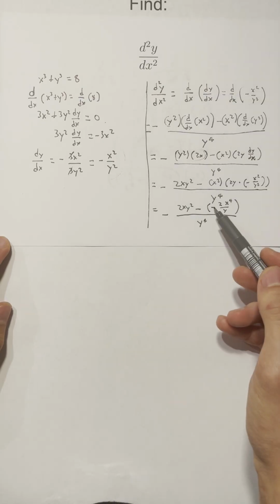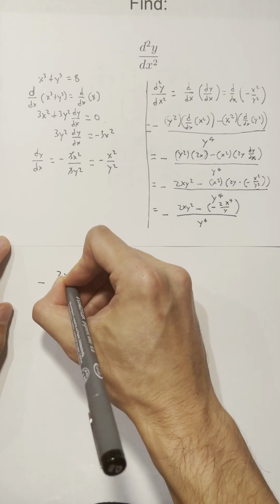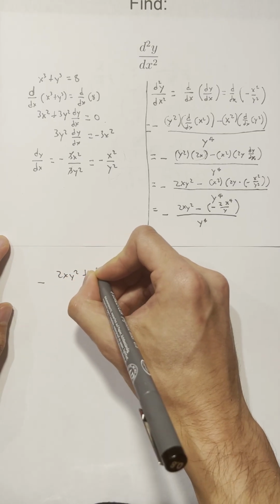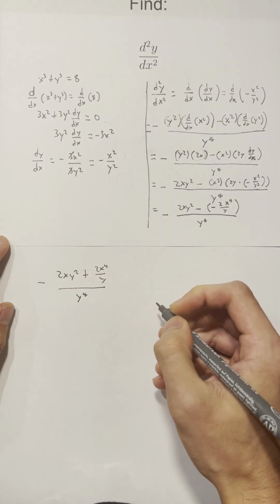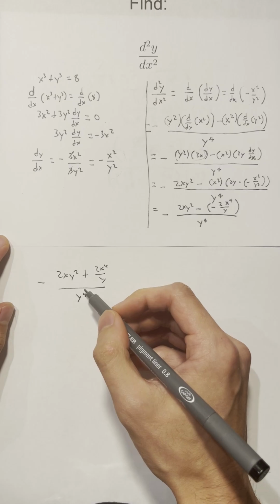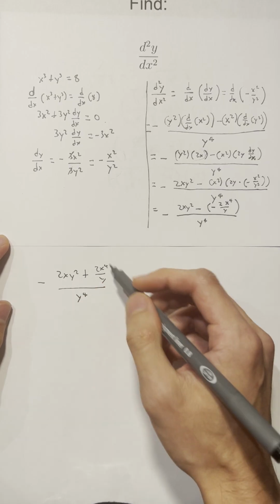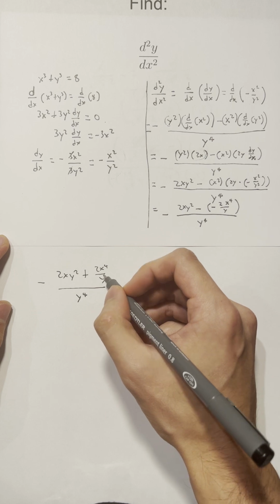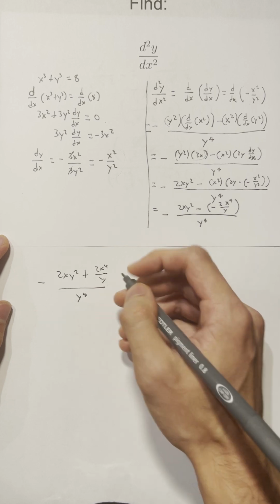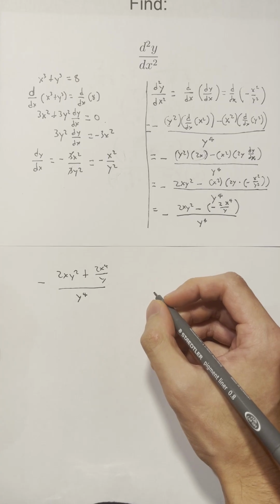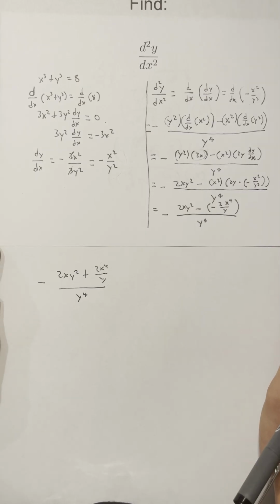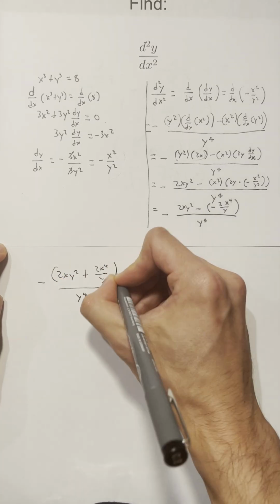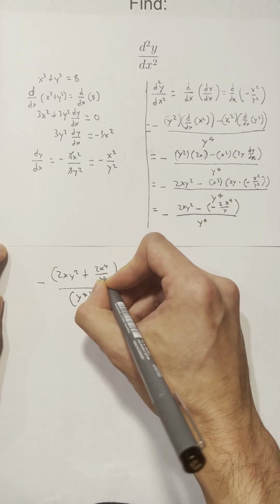Okay, now this is the same thing as addition. And to simplify this further, I need to get rid of this fraction here. So what should I do? We can multiply the top and bottom by y.